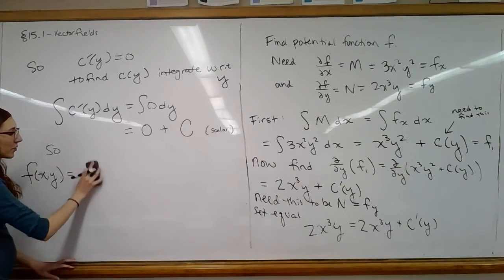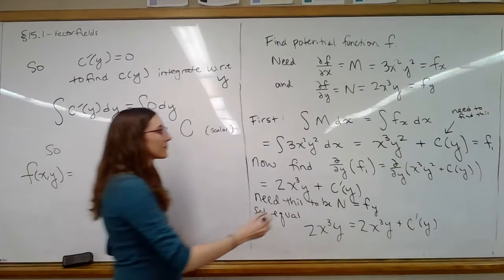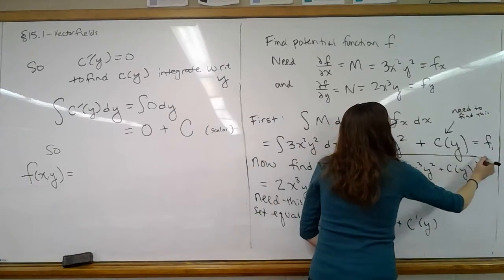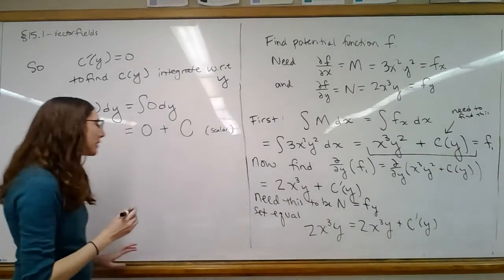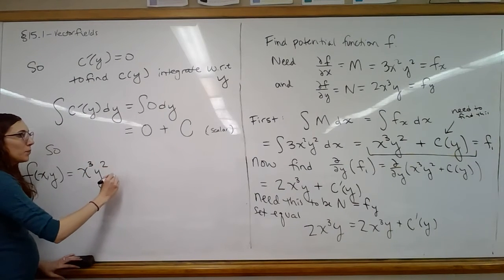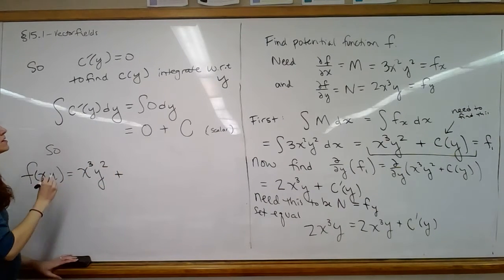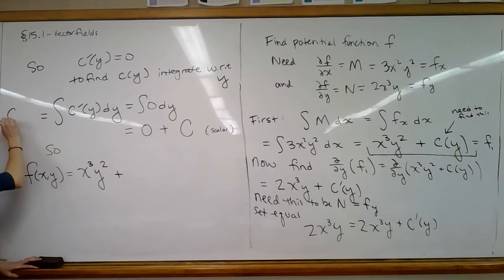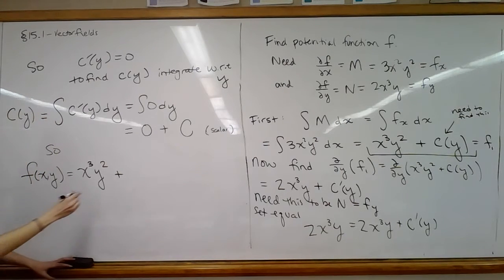We had f from over here, so this is this guy. We had x cubed y squared plus c, which is what this guy would be. This would be c of y. And it turns out that c of y is just a constant, so plus a constant c.